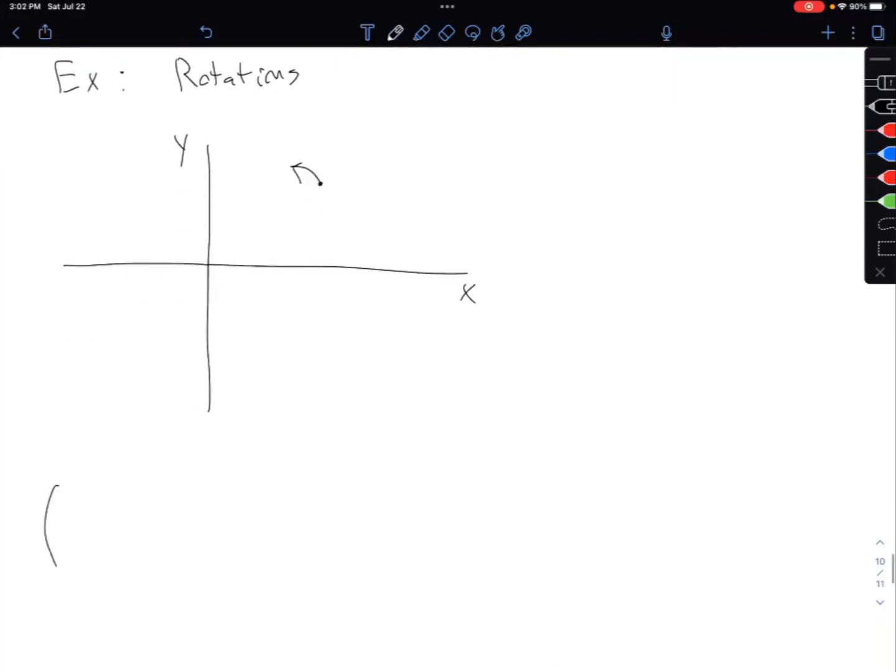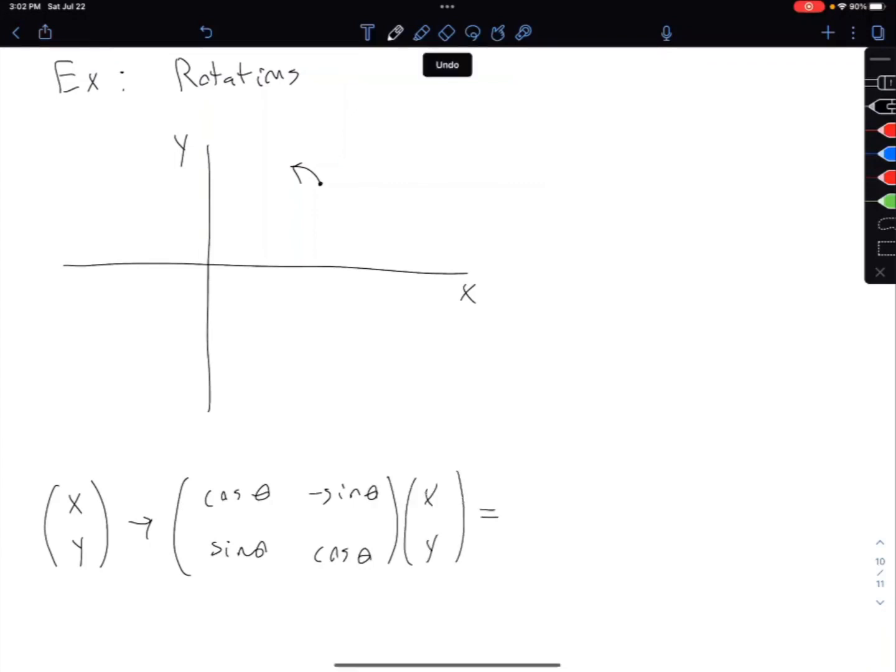So what that means is that X and Y will go into the matrix cos theta, sine theta, minus sine theta, cos theta, acting on X, Y. Now, what should the parameter of my transformation be? Does anybody have a guess about what the parameter of this transformation is? You can type it in the chat.